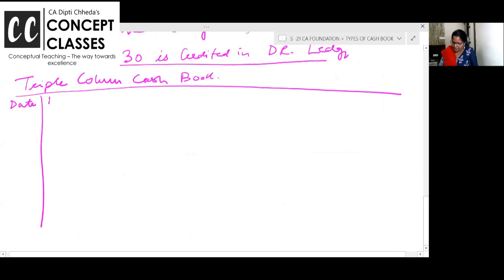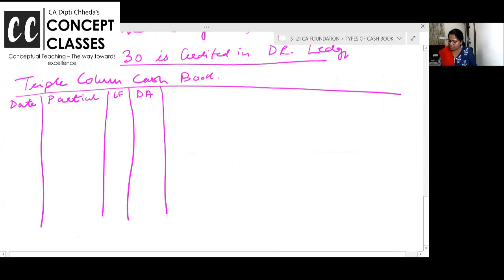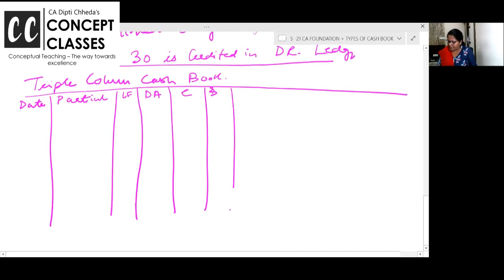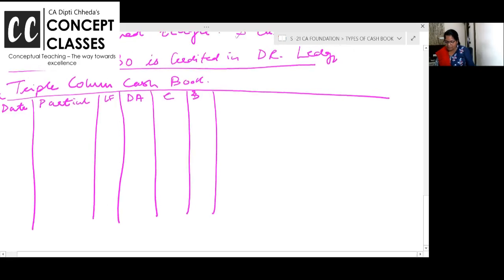Date, particulars, LF. Now why do we call it triple column? Because it is having triple column of amount. Discount allowed, cash and bank. This is the debit side. Same these many columns on the credit side.